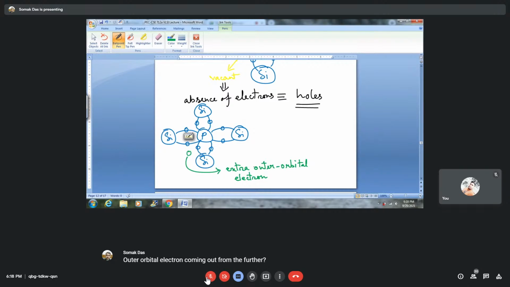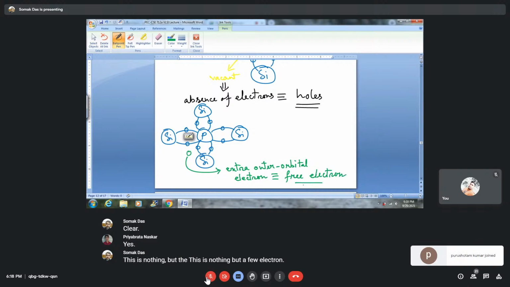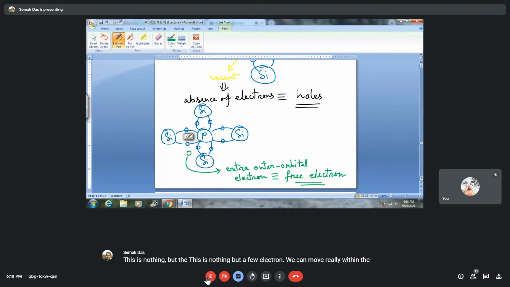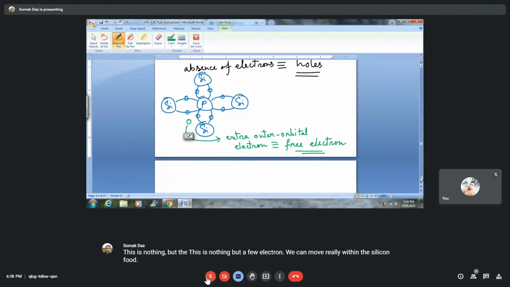Clear? This is nothing but a free electron which can move freely within the silicon crystal. Am I clear?